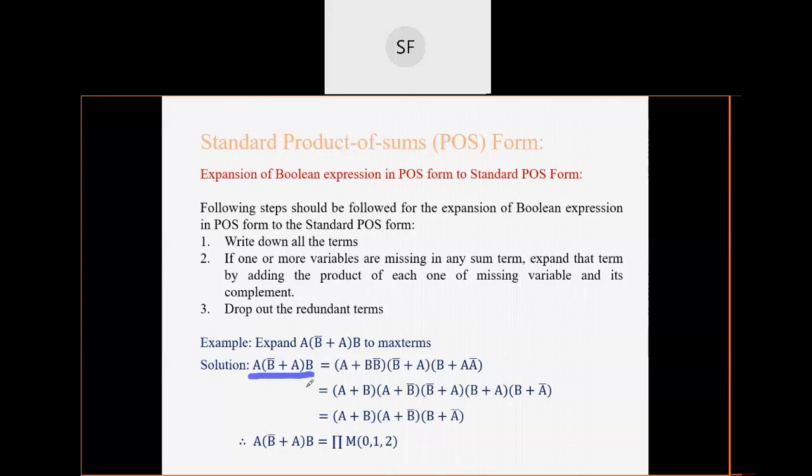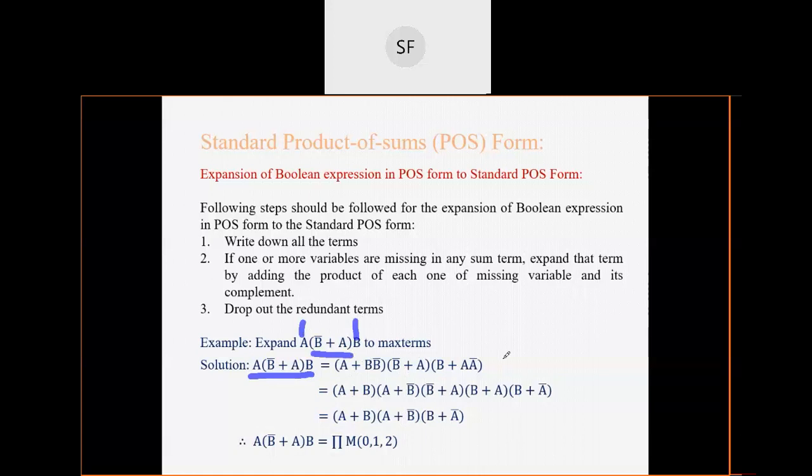So now you want to find out whether each term has 2 variables. For the expression to be in standard POS form, each term should have 2 variables, but that is not the case. You can observe here a is alone, then one term is complete, then again here b is alone. So we have understood that it is not in standard form.